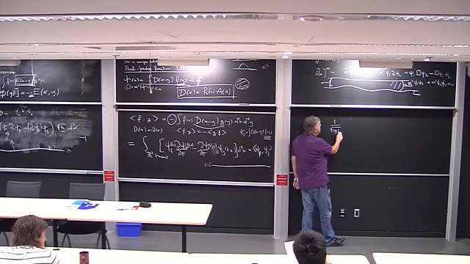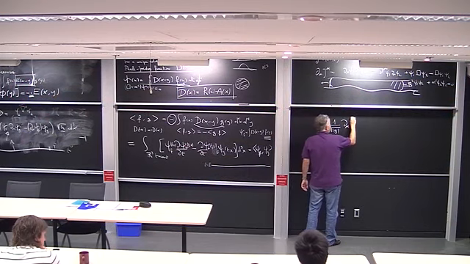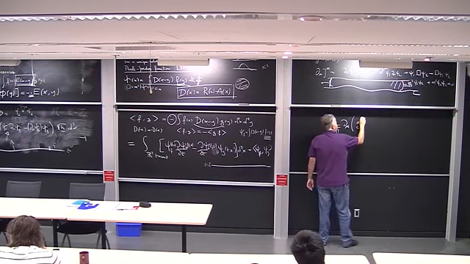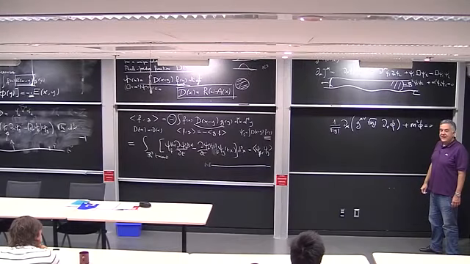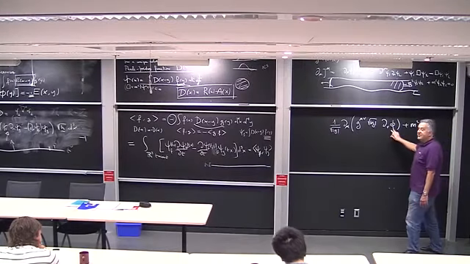No. Well, it was more of what came after. ∂_μ, g^{μν}, square root of g, ∂_ν φ, plus m² φ. That wasn't quite what you wrote last time, but. Okay. What did I do? You didn't write the ∂_ν, and you didn't write the φ at the end. I'm sorry, but it was intended to be there.